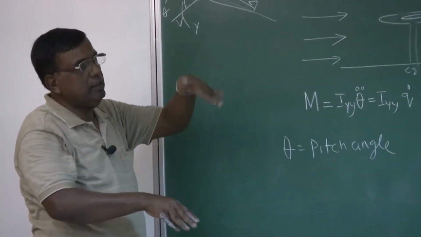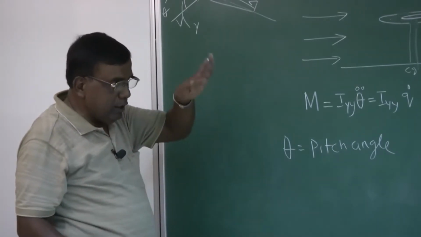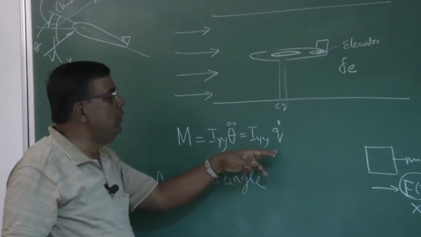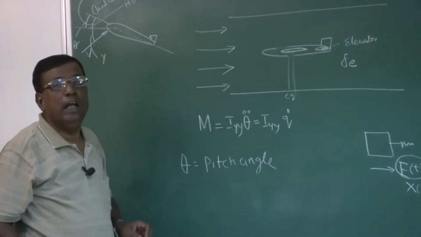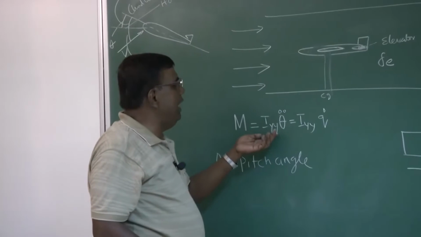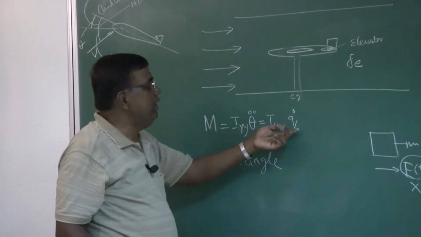The attitude is changing. And the rate with which it is changing is theta dot, which is q, and the acceleration is theta double dot or q dot, the angular acceleration. So this is typically moment equal to I into alpha, angular acceleration. So I am writing M equal to Iyy q dot.